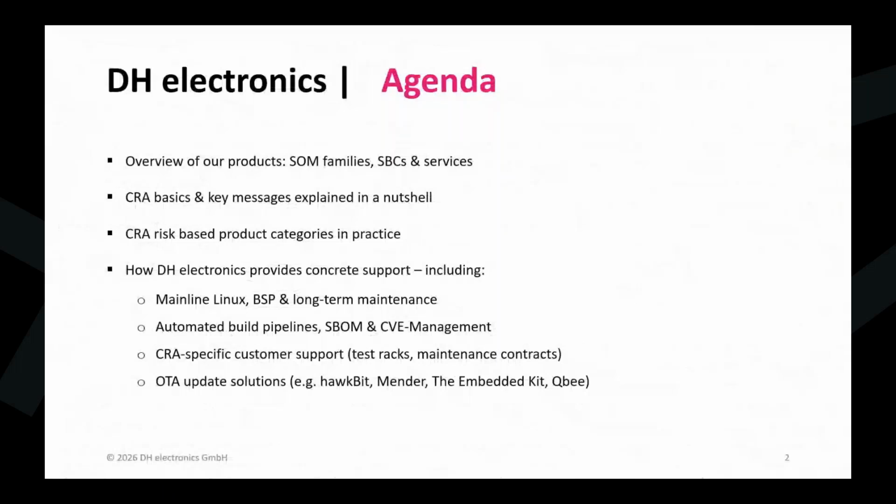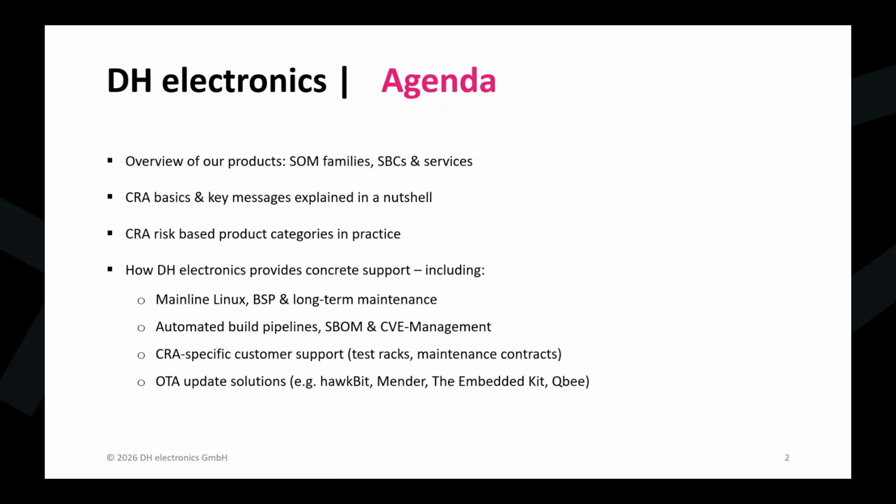So in this webinar, we will start with a brief overview of 𝗬𝗏 product and service portfolio, including our system on module families, single board computers, and related services. We will then explain the fundamentals of the Cyber Resilience Act, summarizing the key requirements and messages in a clear and compact way. Building on this, we will walk you through how risk-based product categories can be applied in practice.